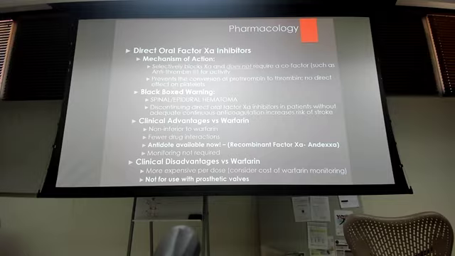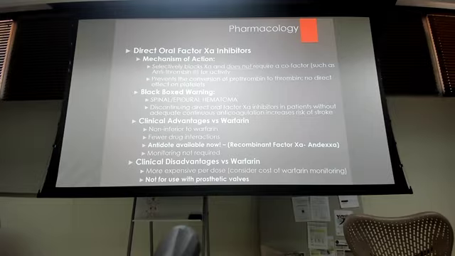So the advantages of the direct oral anticoagulants over warfarin: a lot fewer interactions, no routine monitoring, but they're expensive. And the reason I mentioned them is this point that they are not used in prosthetic valves. What do you use for anticoagulation with prosthetic valves?